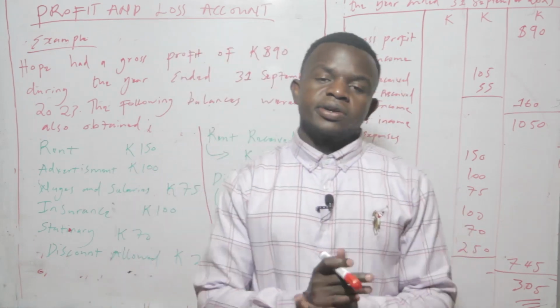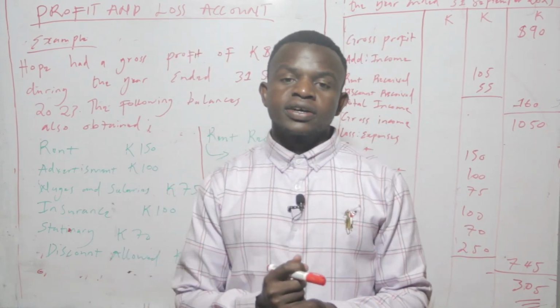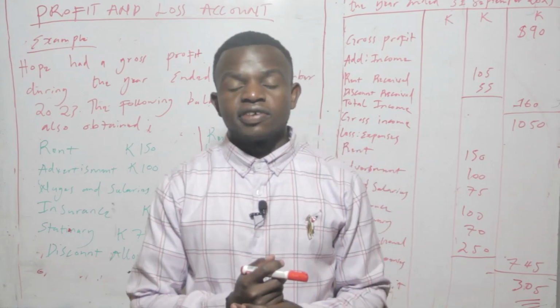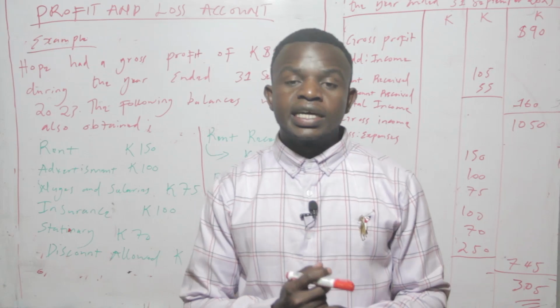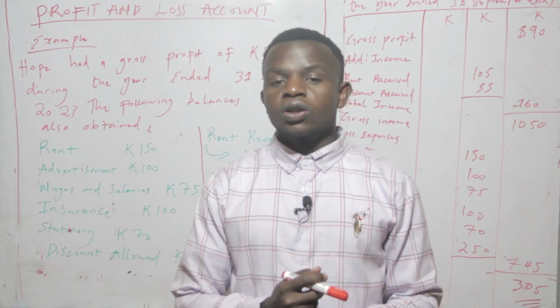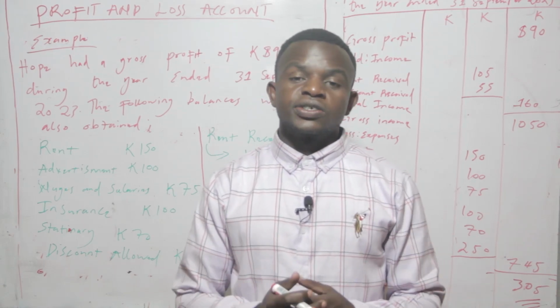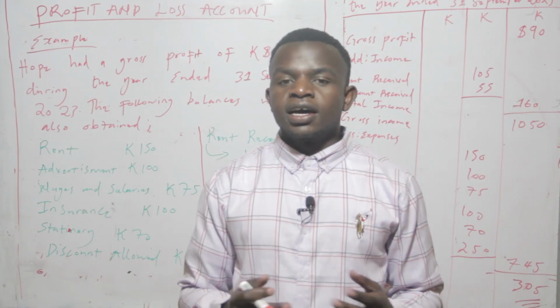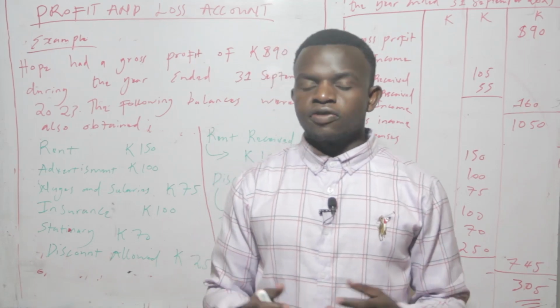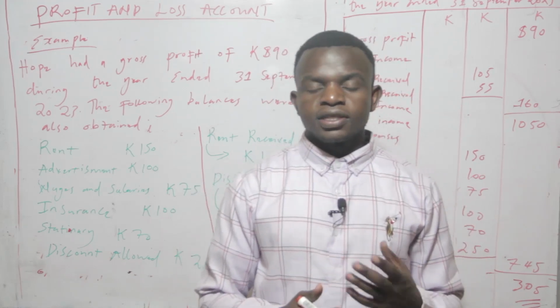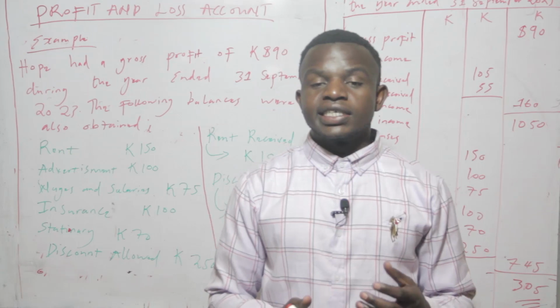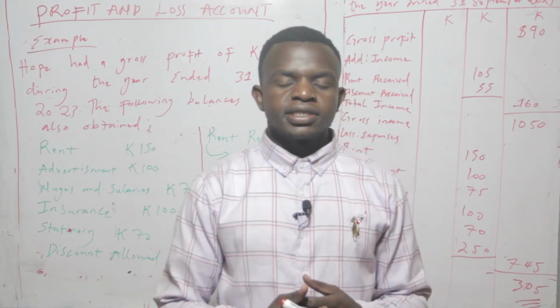So to just summarize the profit and loss account, the profit and loss account is a financial statement that is prepared by businesses to show the net profit or loss. And this financial statement is prepared after calculation of the gross profit. And we can say that the profit and loss account is the second part of the income statement.